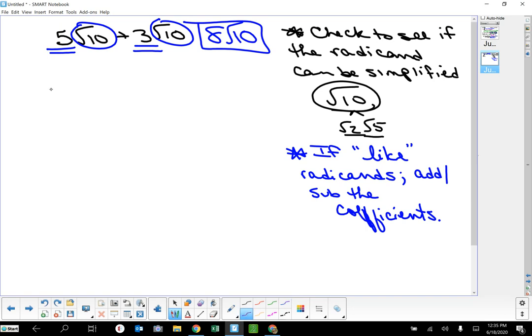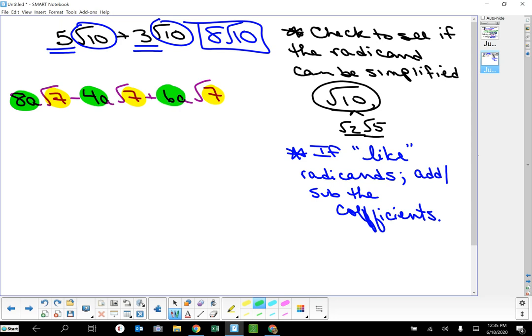The next one, already like terms, 8a rad 7 minus 4a rad 7 plus 6a rad 7. So first check to see if your radicands can be reduced, and they're prime, right? And they're all the same. So they can't be reduced, they're all the same, which means we can add as long as our coefficients are like terms, and they all have a single a in them.